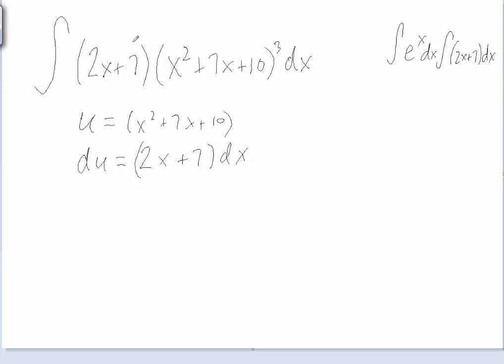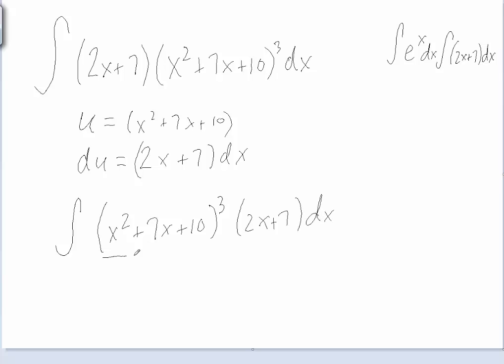So what this integral actually is, we move things around this way: 2x plus 7 dx. What we have is simply u to the third times du.